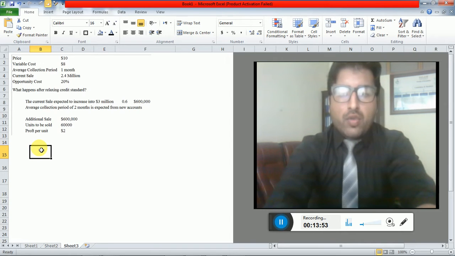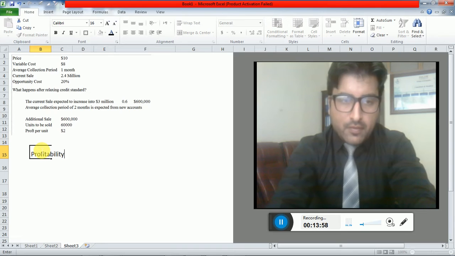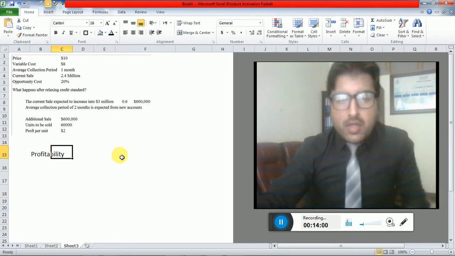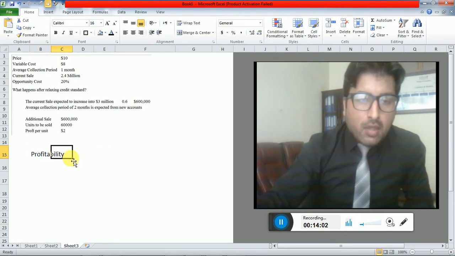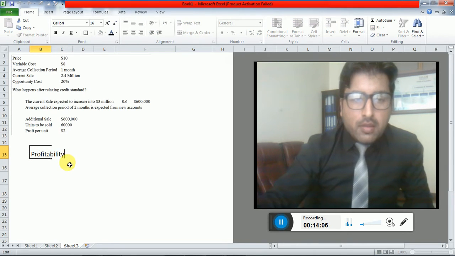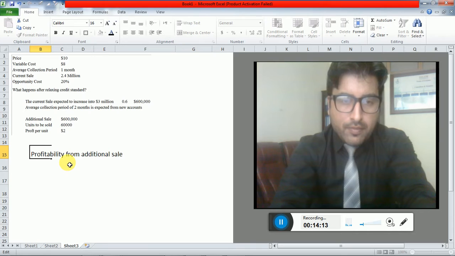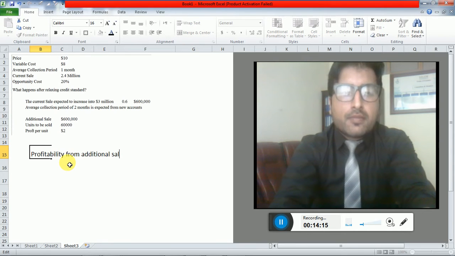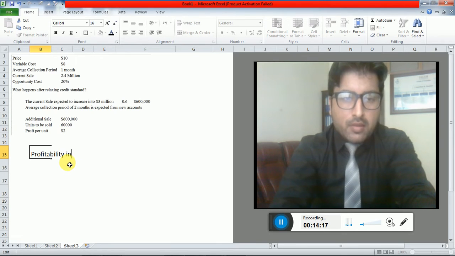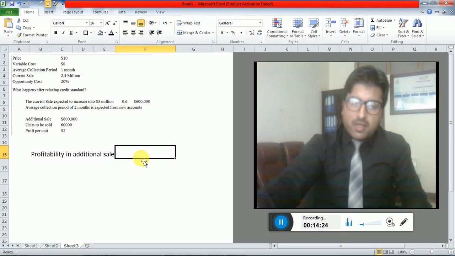We have to compute the profitability from additional sale. How much is the profitability in additional sale?